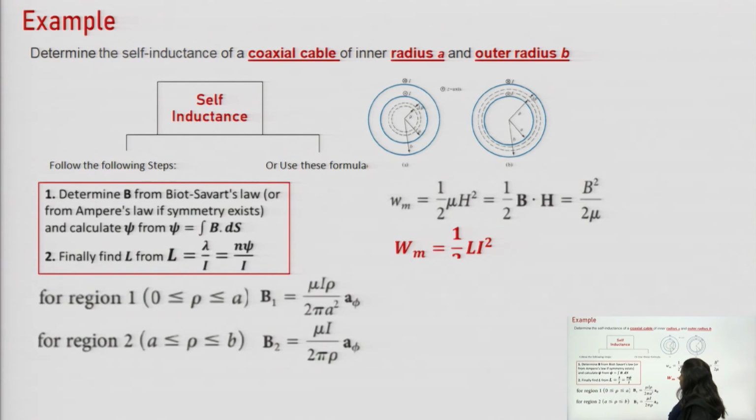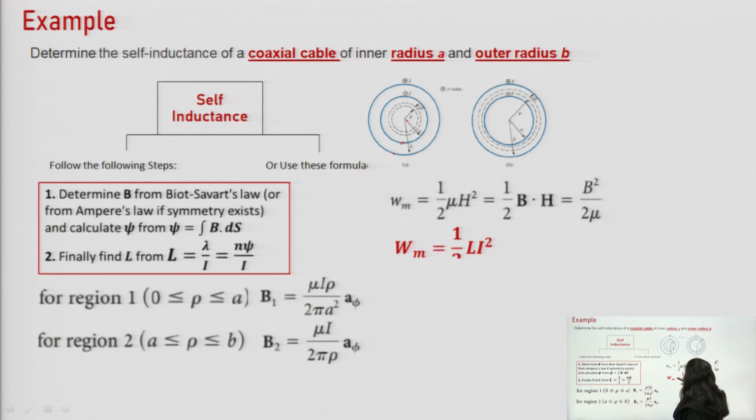Here the coaxial cable has outer radius b and inner radius a. We will find the value of B for the two regions: the first region is from 0 to a and the second region is from a to b.